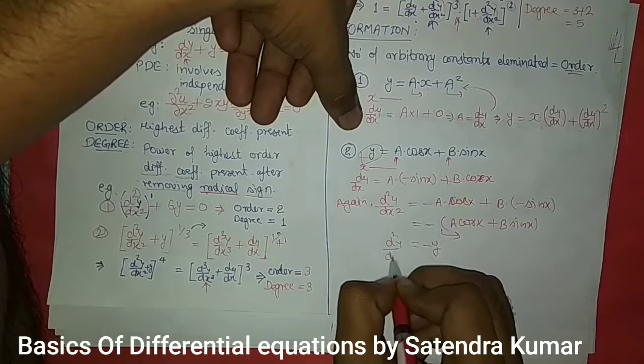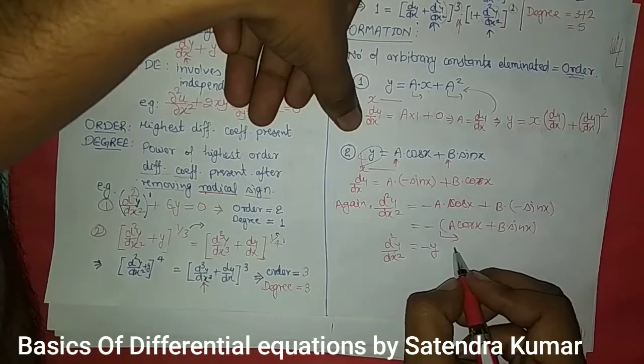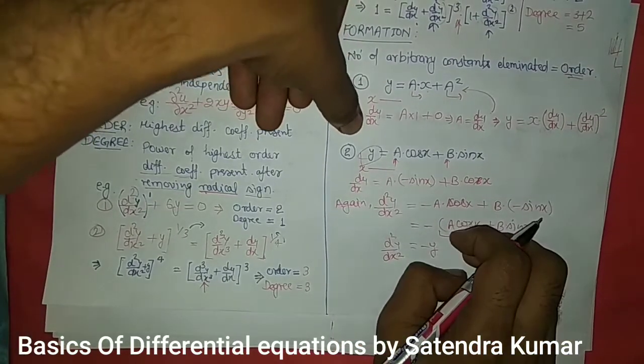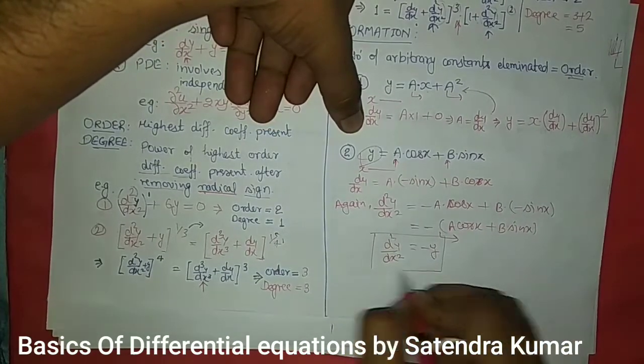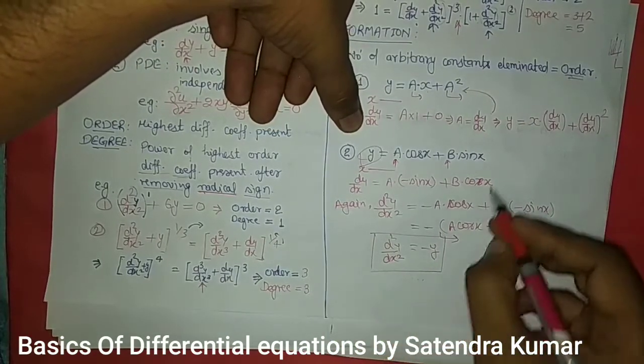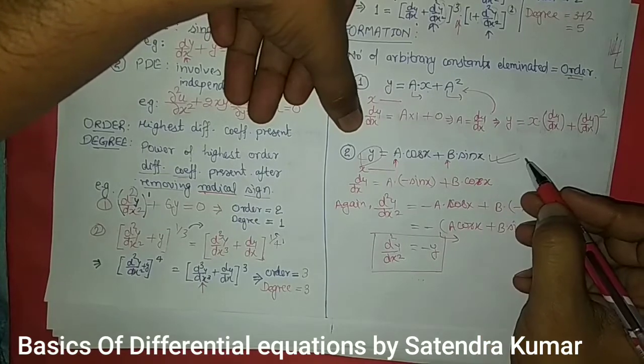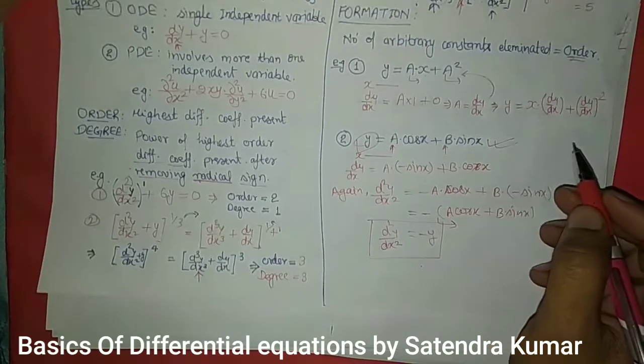So d²y/dx² is equal to minus y, and both arbitrary constants are removed. So this is the differential equation of the given curve y is equal to a cos x plus b sin x.